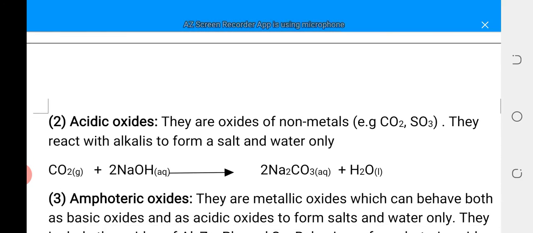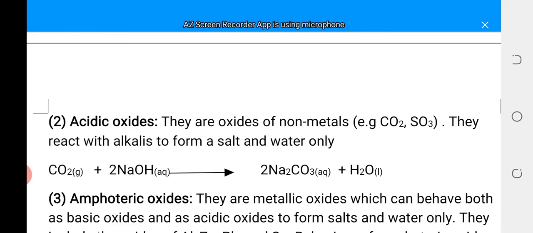We also have what we call the acidic oxides. Acidic oxides are oxides of non-metals, like carbon, sulfur, phosphorus, and the likes. These oxides of non-metals react with alkalis, that is soluble bases, to form salt and water only.